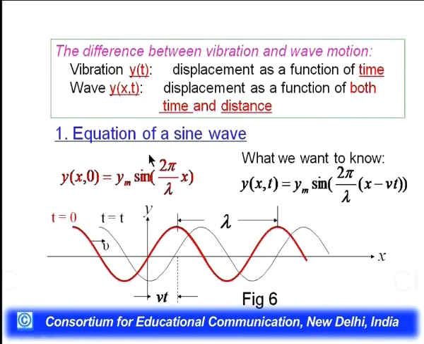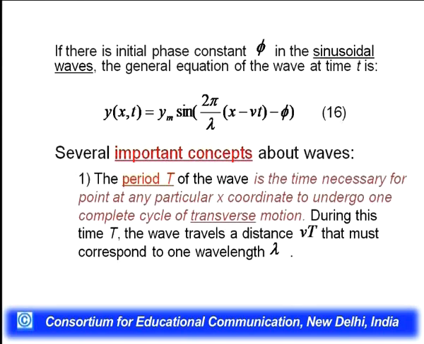Now, if there is an initial phase constant phi in the sinusoidal wave, then the equation with respect to time will become x minus v t minus phi, because there is a change in the phase constant. That is why y(x, t) is equal to y_m sin(2 pi by lambda times (x minus v t) minus phi).